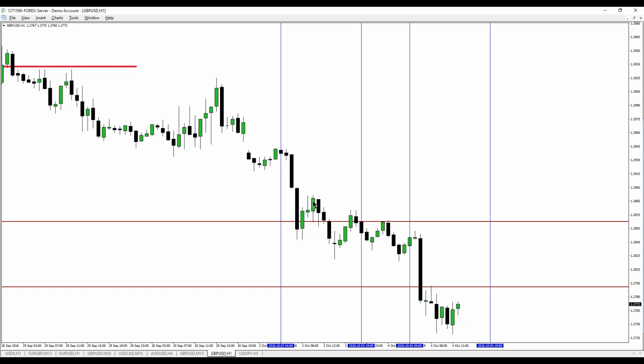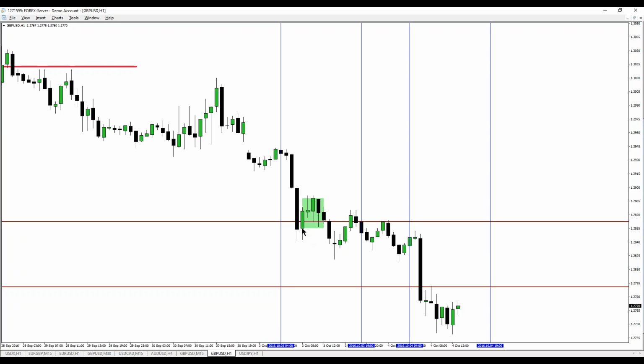Now, specifically, if we look at the range created by this candle, and this candle, and blend these three together. Now, I don't have the capacity to make a 3-hour chart, but I want you to look at how the range is defined here. This is the actual order block.